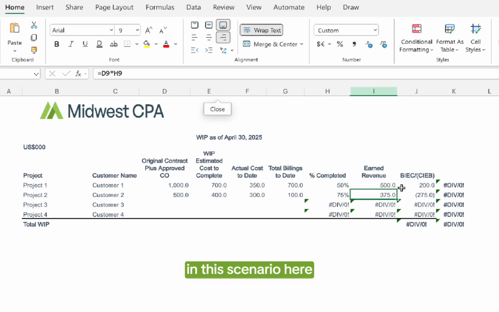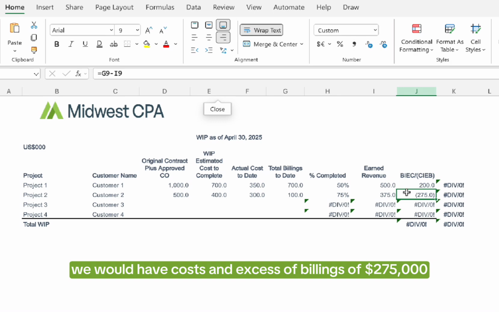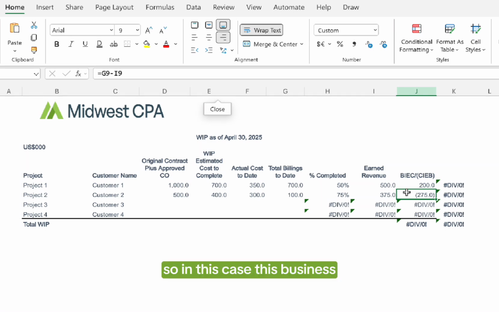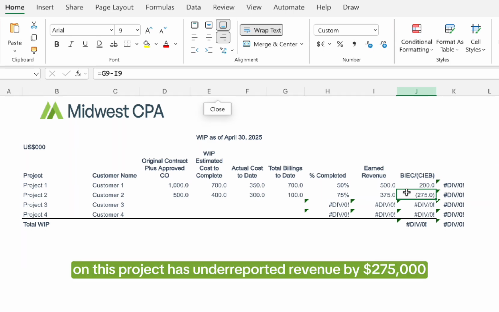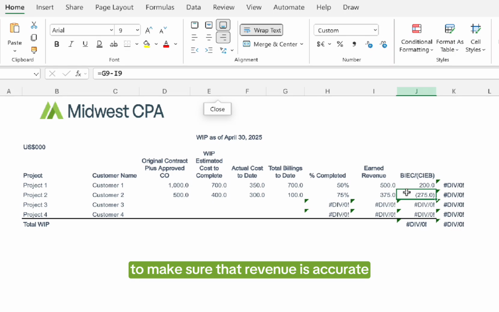In this scenario here, we would have costs in excess of billings of $275,000. So in this case, this business on this project has underreported revenue by $275,000, and an adjustment would need to be made at the end of the month to make sure that revenue is accurate.